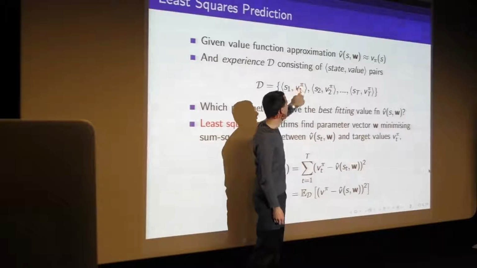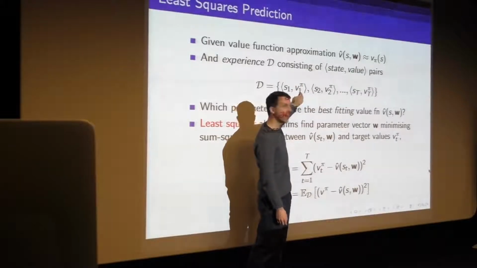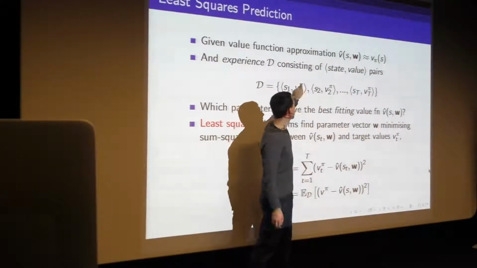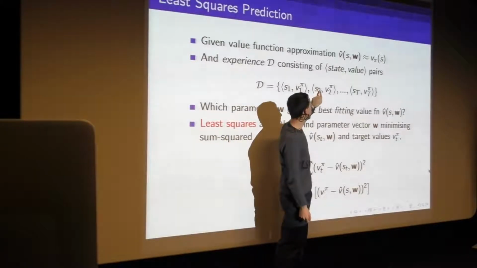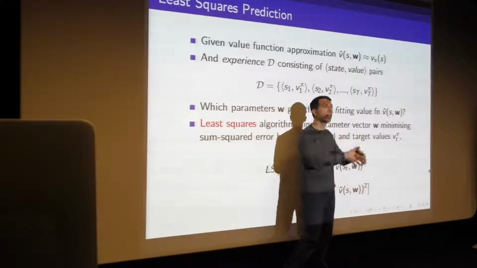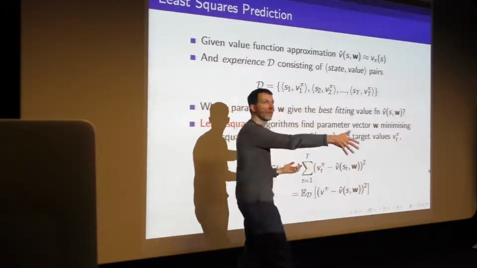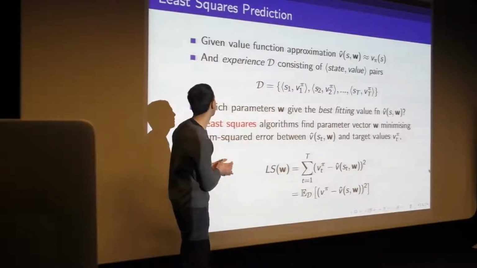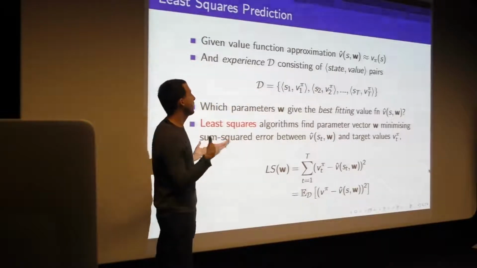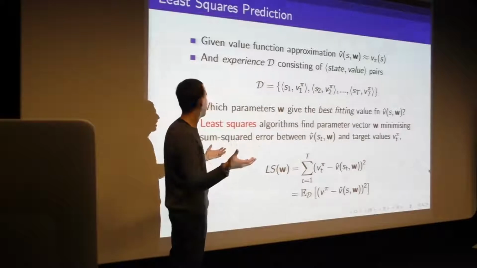This is just whatever our target is. We're going to call it V1 pi. That's the oracle consulted for state S1. We consult the oracle for state S2, and it gives us another value. That gives us our training set for all of the data that we've experienced. We remember that whole data set, and now the question is, what's the best fitting value function for this whole data set?